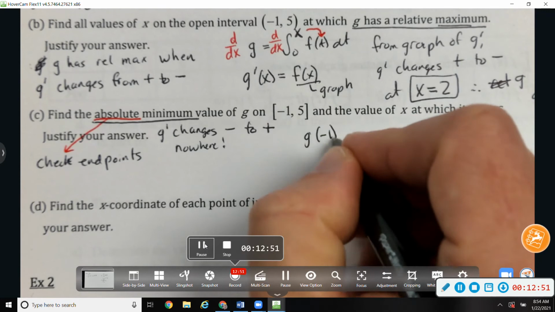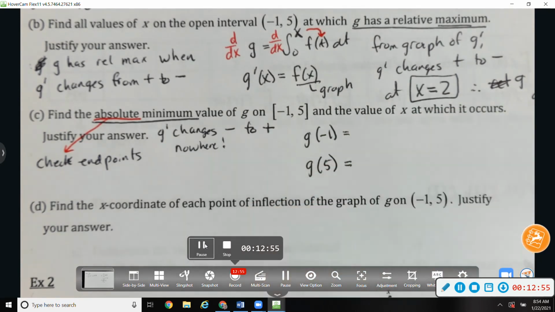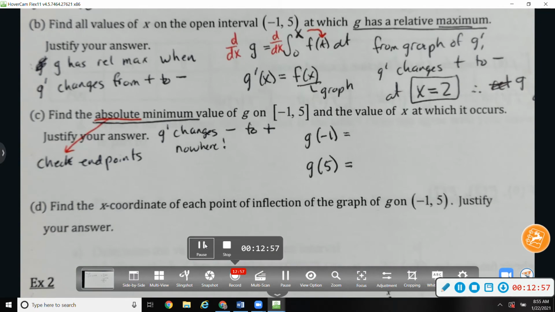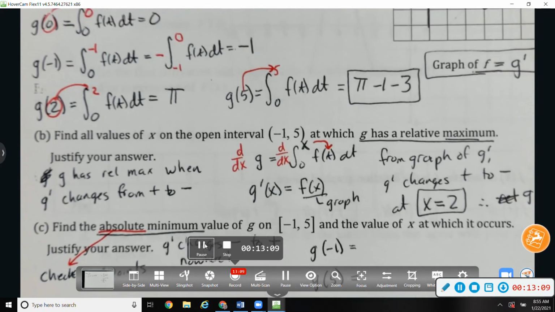g of -1, g of 5. And I wonder if this is an old AP test question, because they do things like this quite a bit. It's like, oh man, now I got to go find g of -1. Except that we already found g of -1.